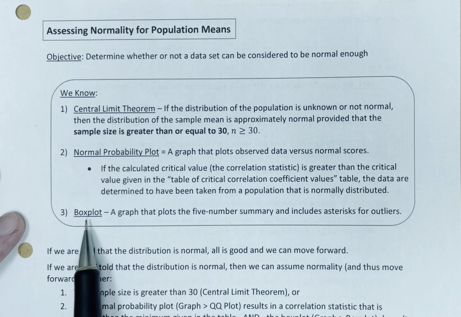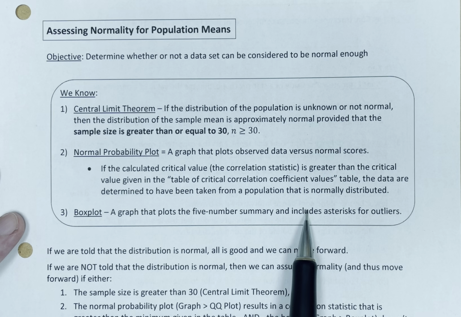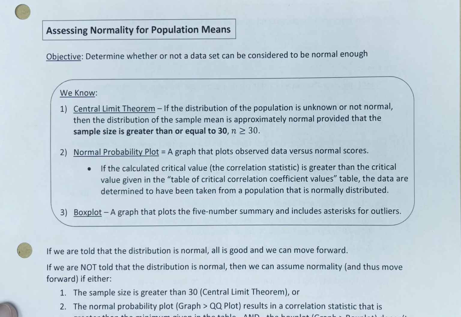And finally, we know what a box plot is. A box plot is a graph that plots the 5-number summary, and it includes asterisks or maybe dots. I think StatCrunch uses dots for outliers.